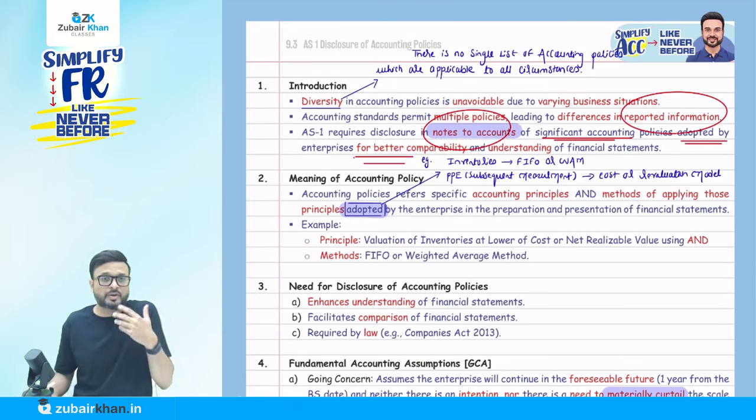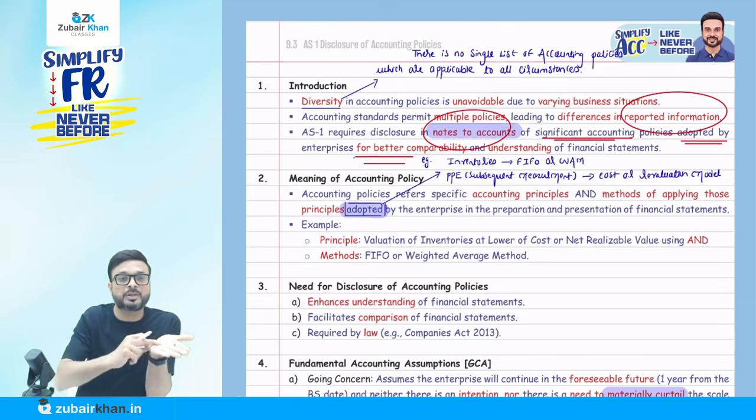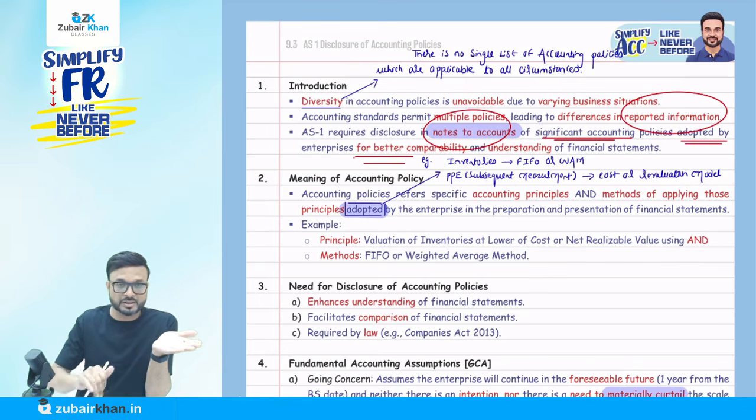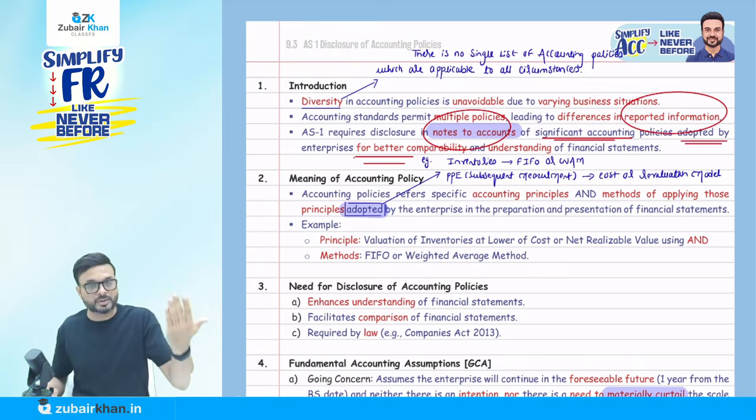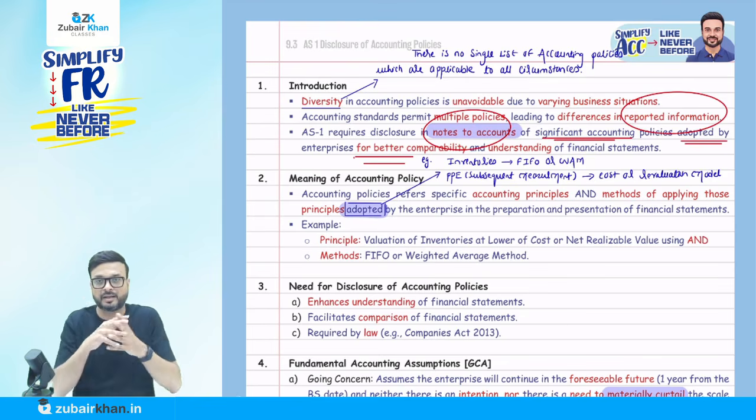When you talk about PPE, AS10, they allow us the cost model or the revaluation model. We have to inform this in notes to accounts, so users of financial statements will come to know which accounting policy we have followed, and it will help them in better understanding of the financial statements.